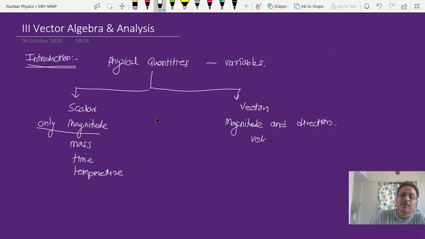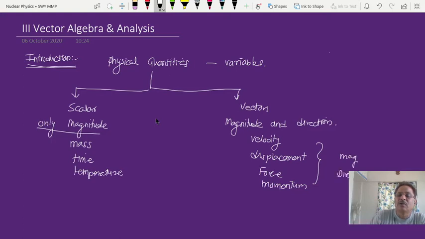As we know, velocity, then displacement, force, momentum, etc. All these quantities which need their magnitude as well as direction to be specified are called vector physical quantities, or in mathematics, vector variables.